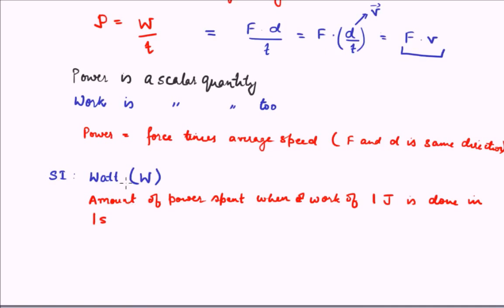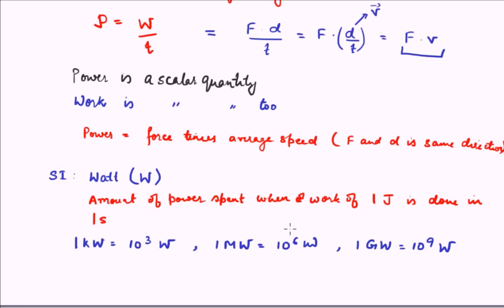Other units of power: 1 kilowatt is 10 to the power 3 watt. 1 megawatt, MW, is 10 to the power 6 watt, and 1 gigawatt, GW, is 10 to the power 9 watt.